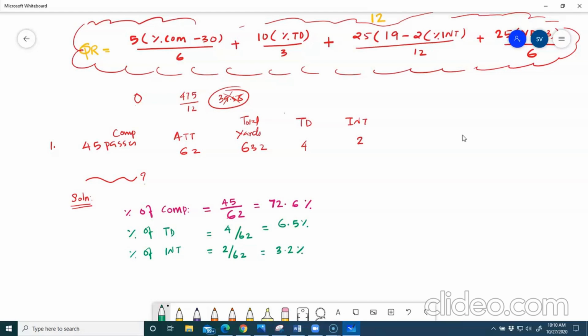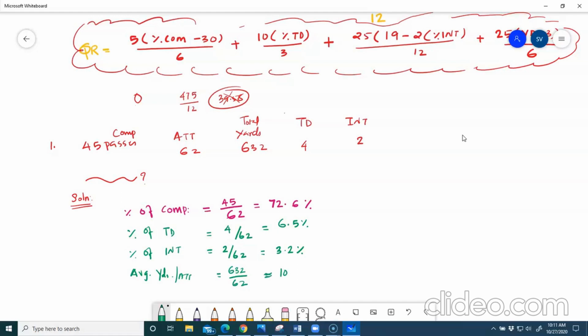And average yards gained per attempt is the total yards, 632, over the total attempts, 62. That is approximately 10.2.